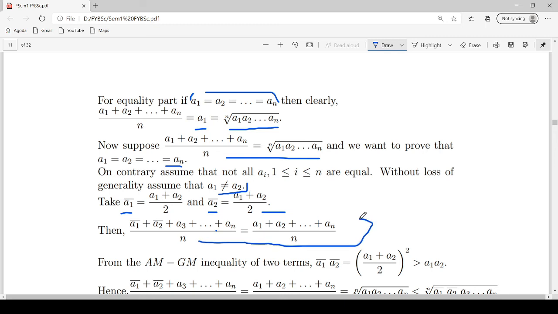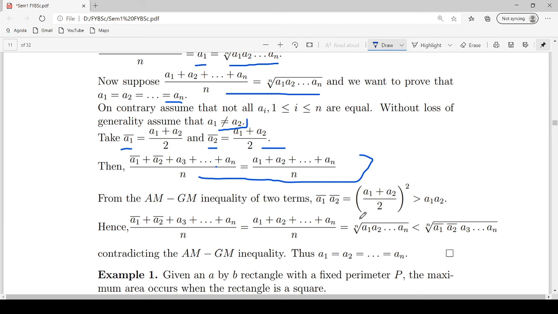That means the arithmetic mean of a1, a2, an will not change if I replace a1 and a2 by a1 bar and a2 bar. Now we have proved the AM-GM inequality for two terms. So those two terms now I will consider as a1 and a2. So the arithmetic mean of a1 and a2 will be greater than the geometric mean of a1 and a2.